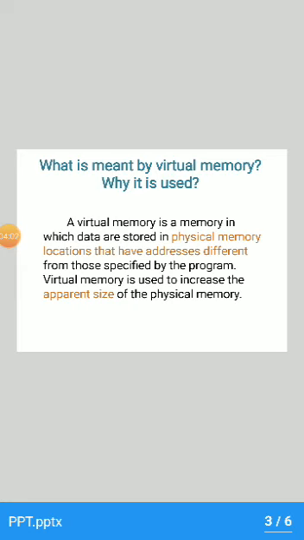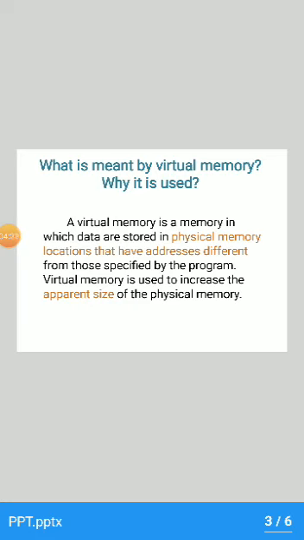The virtual memory concept gives an illusion to users that we have main memory equal to the capacity of secondary storage. Virtual memory is used to increase the apparent size of physical memory.